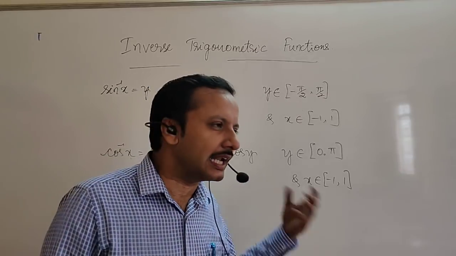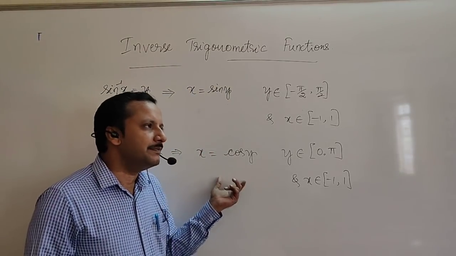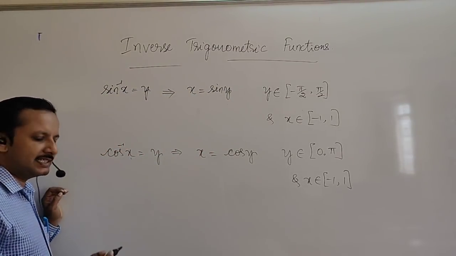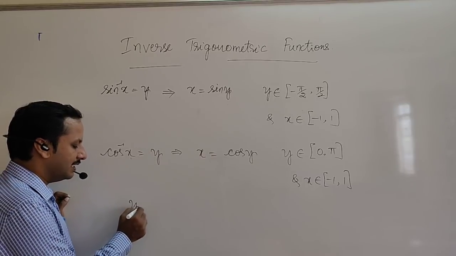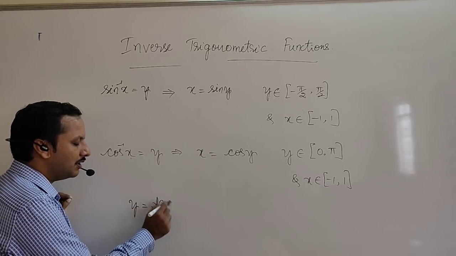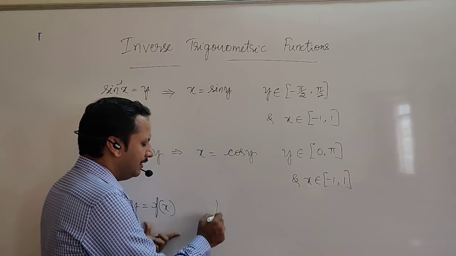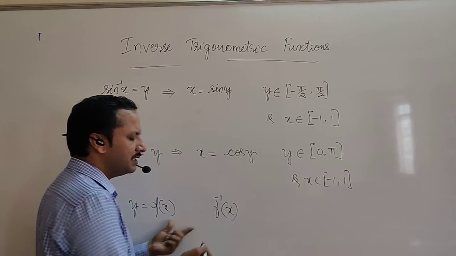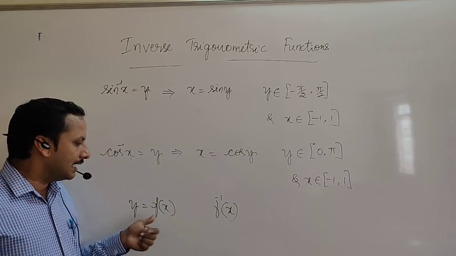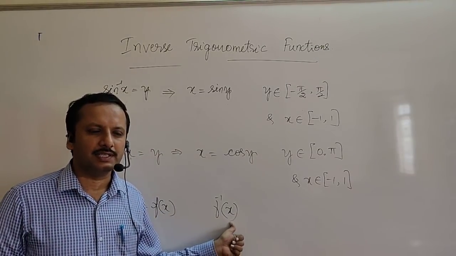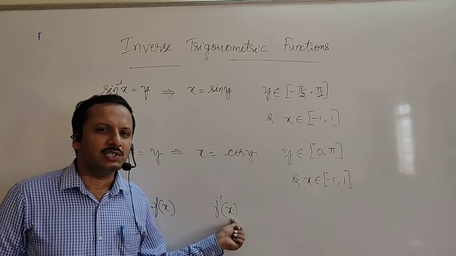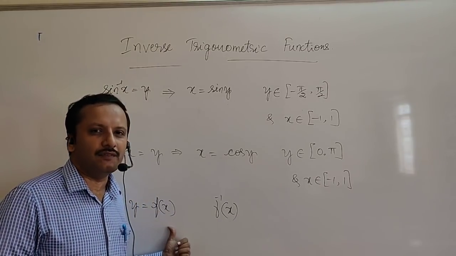We can see this graphically also. Already in the last chapter we have discussed that if y is equal to f of x is any invertible function, then the graph of f inverse of x is the mirror image of the graph of f of x.